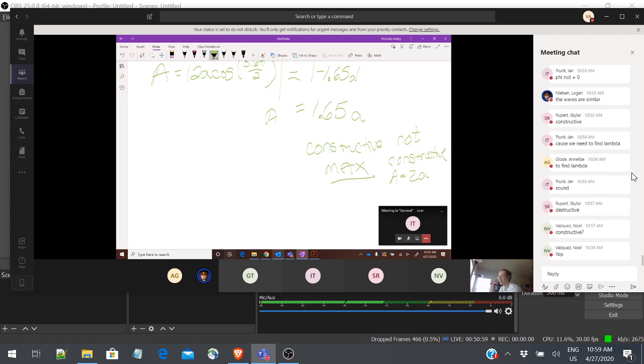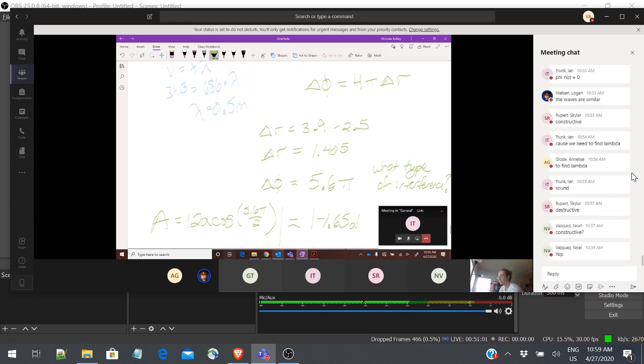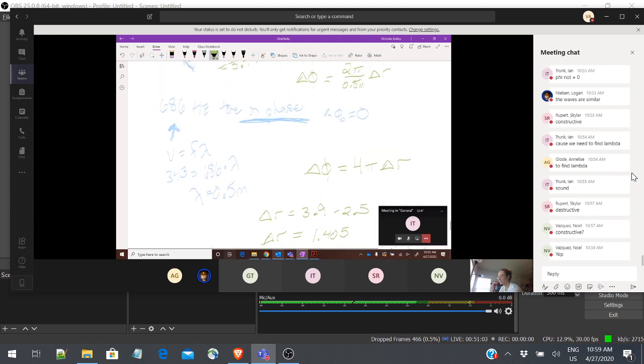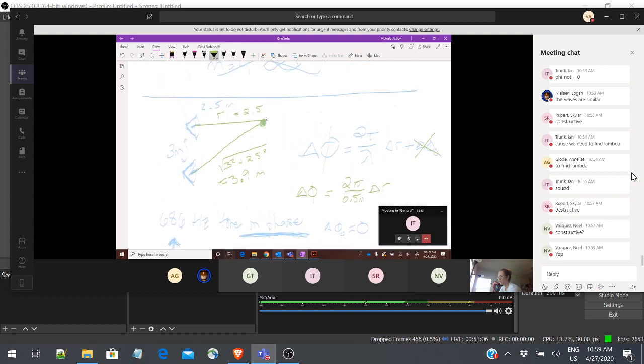Right. As you walk away, your R1 gets bigger and your R2 gets bigger.